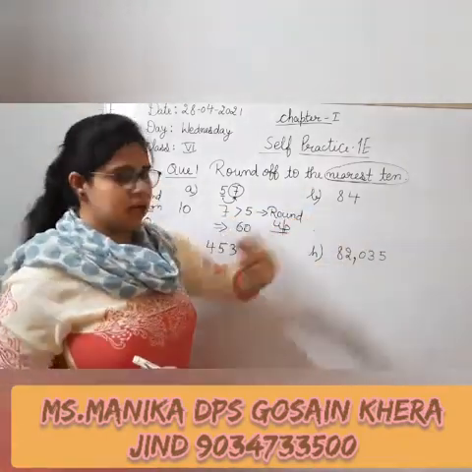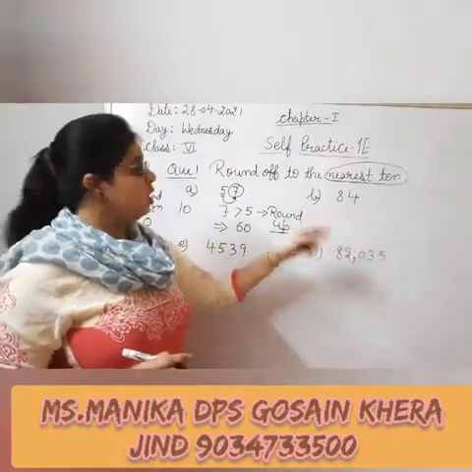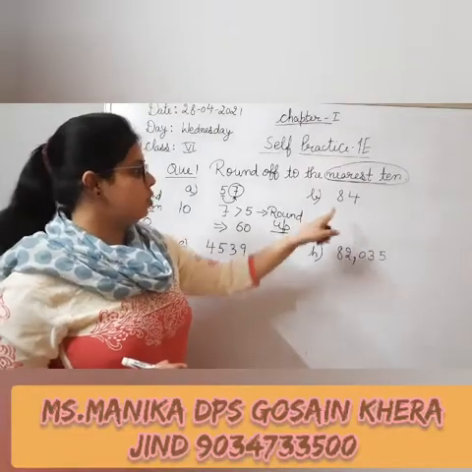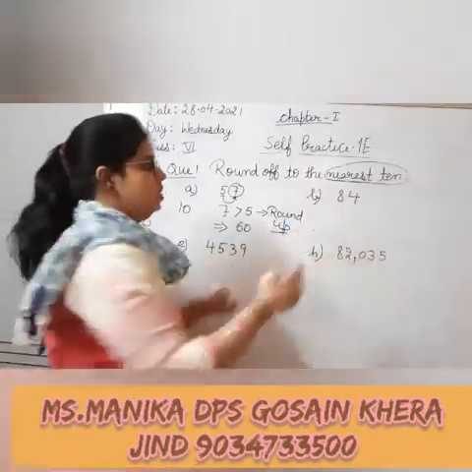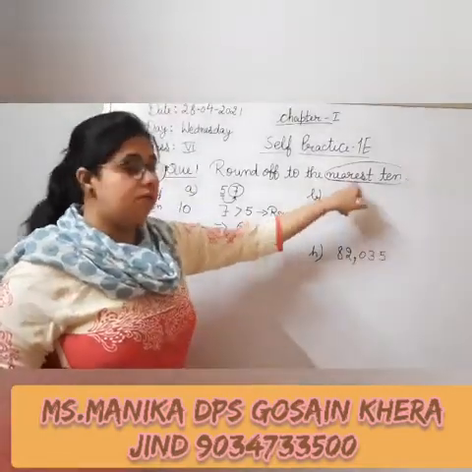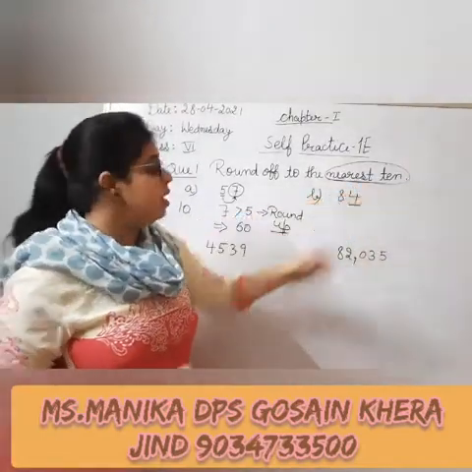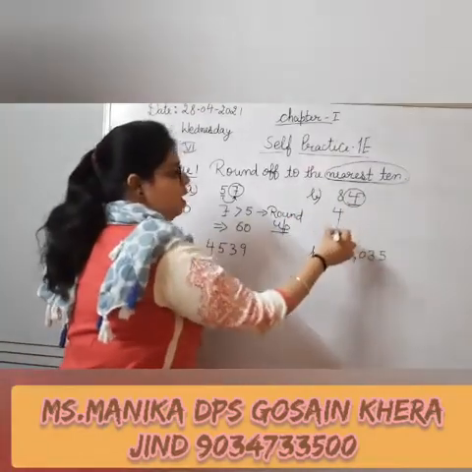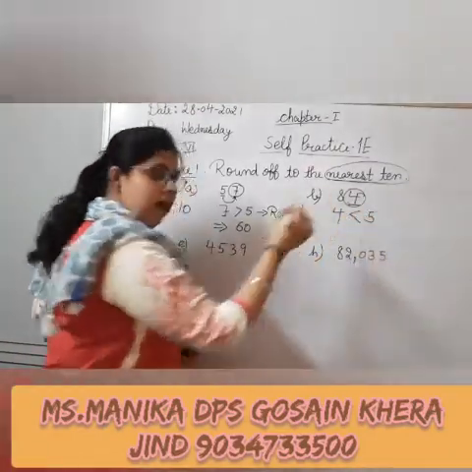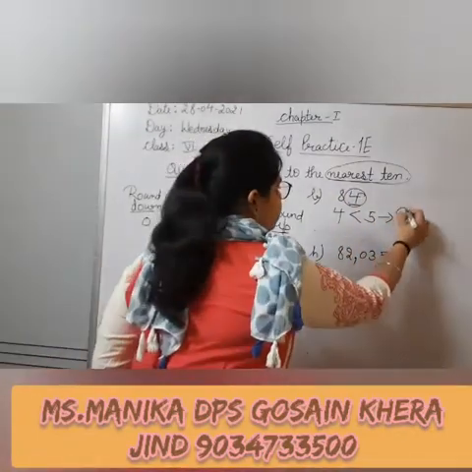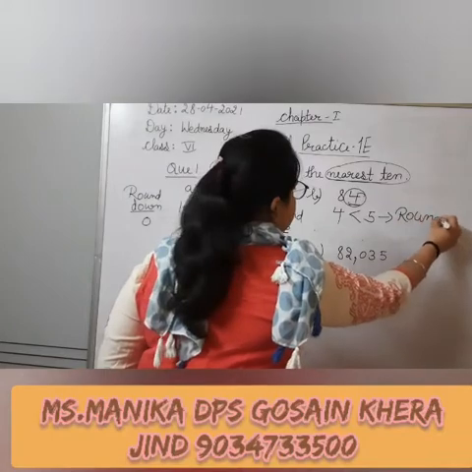B part, the number is 84. We have to round off to the nearest 10, but we will not look at the digit at tens. We have to look at the digit at ones, because we have to round off to tens. The digit at the ones place is 4, and that is less than 5, so we have to round down.